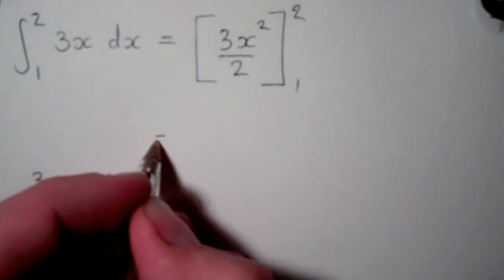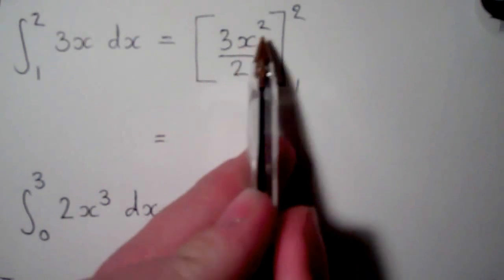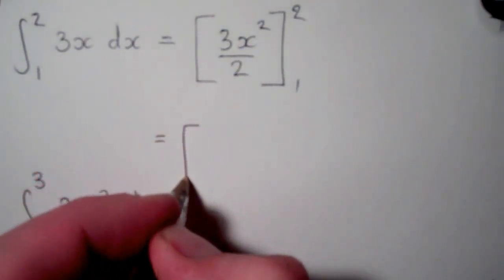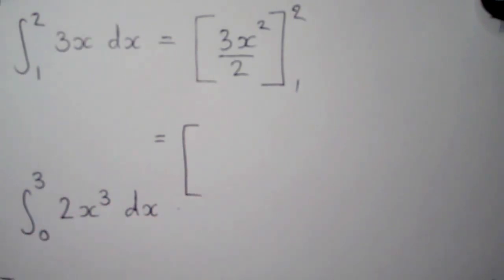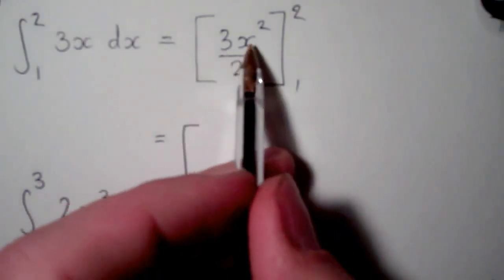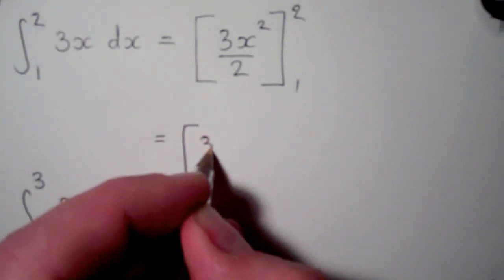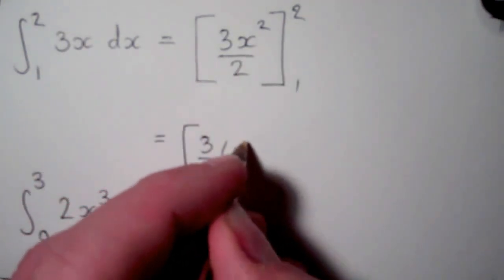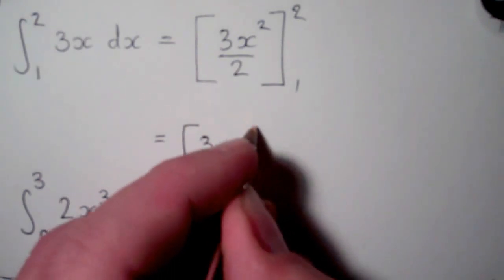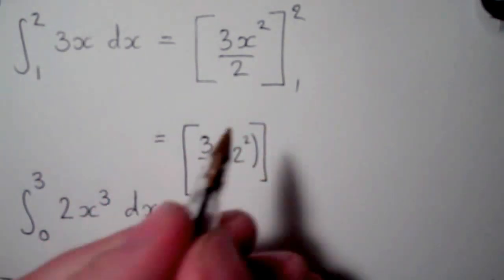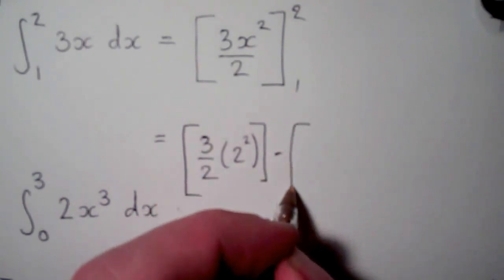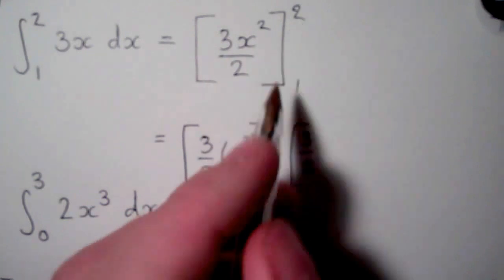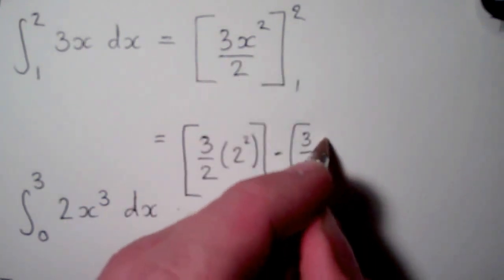So we put x in as 2 first, and I'm going to use square brackets again here, just so I don't get confused with all my different brackets. So I've got 3 over 2, and then I put 2 in, 2 squared, and then from that I'm going to subtract 3 over 2, and I'm putting not 2 this time, but 1 as the lower limit.